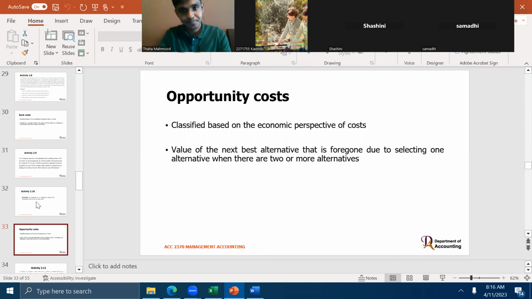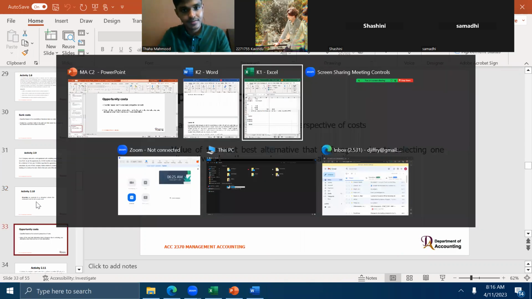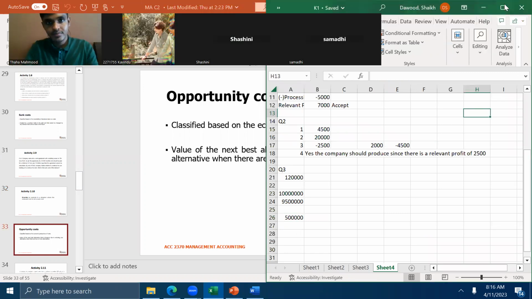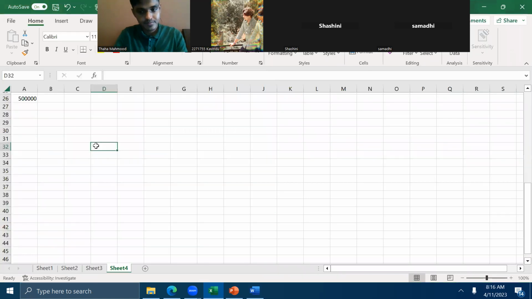Opportunity cost. What is opportunity cost? ඔයගොල්ලන්ට වෙනම මේක කියන්න ඕනේ නැහැ.